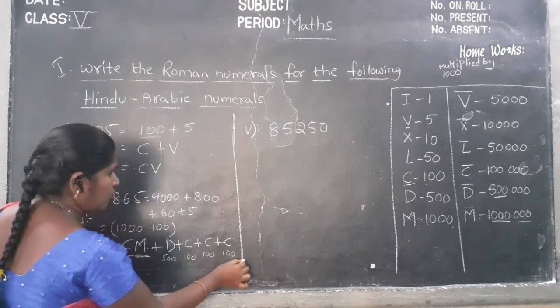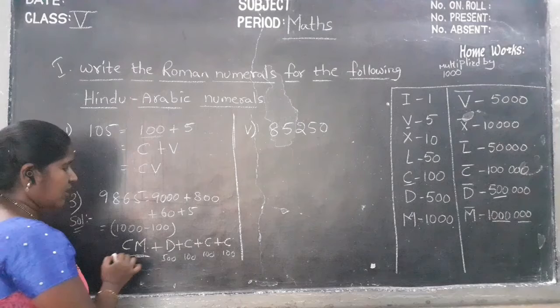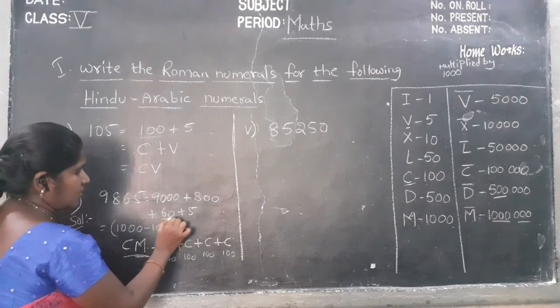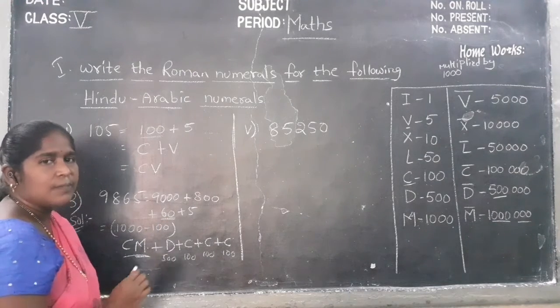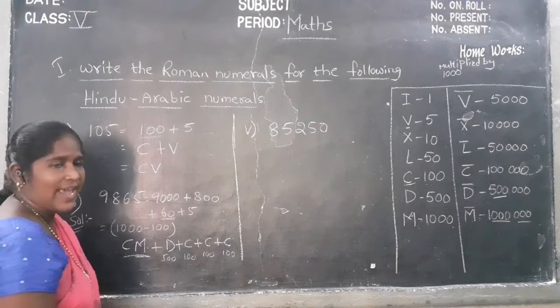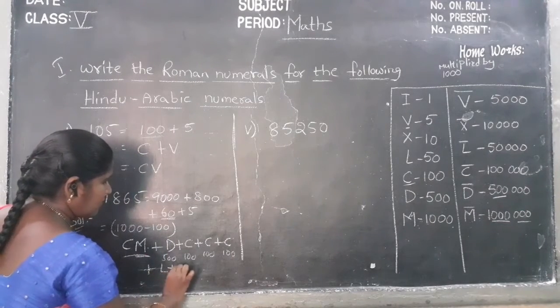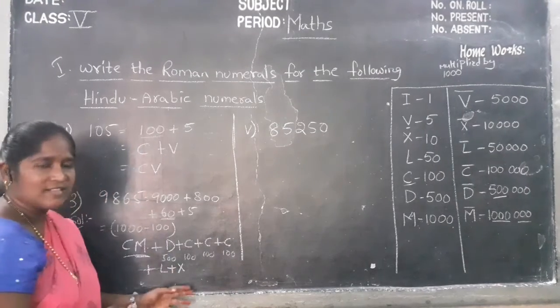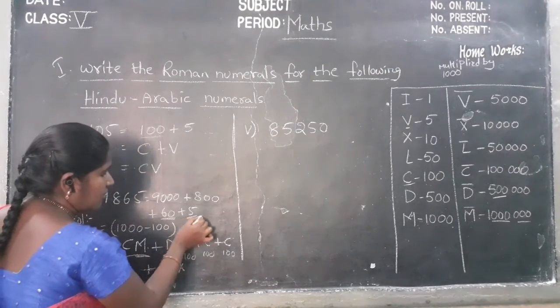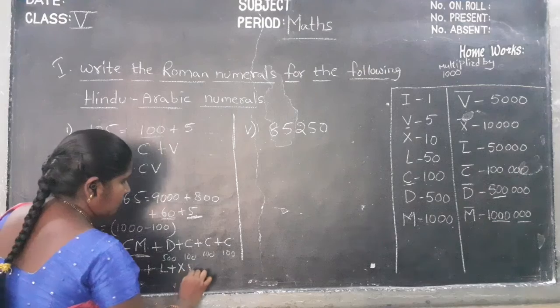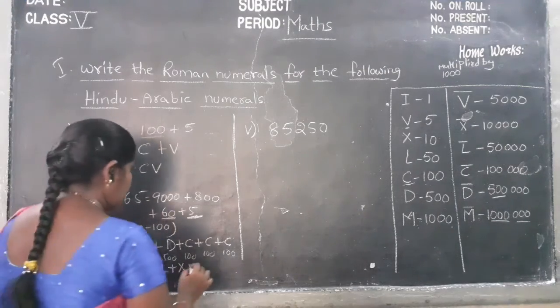Up to here 800 is over. And next we want to write 60. How to write 60? 50 plus 10, that means L plus X. And again we should write 5. 5 means V.